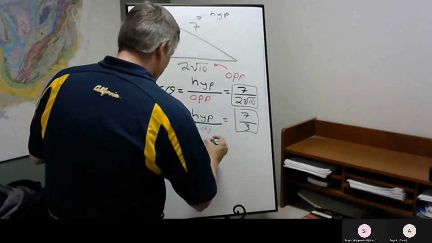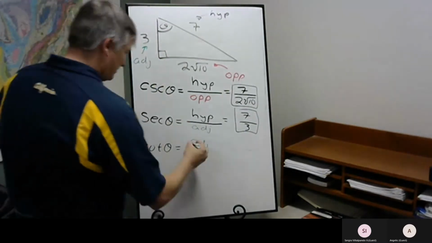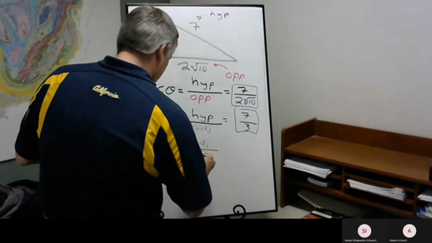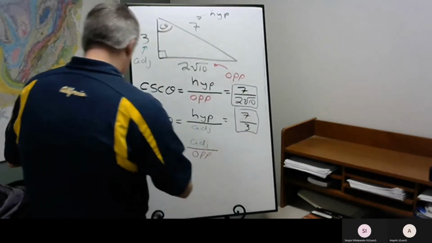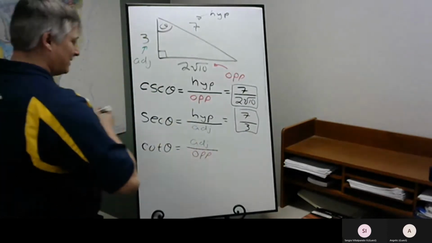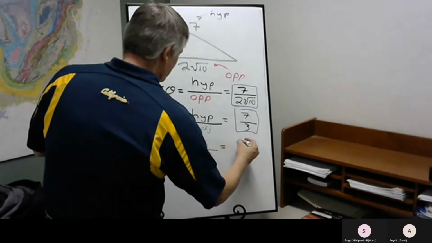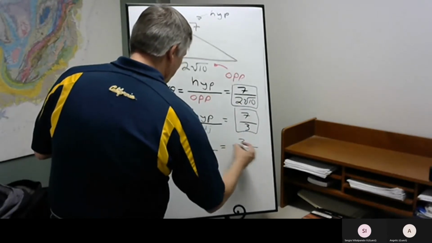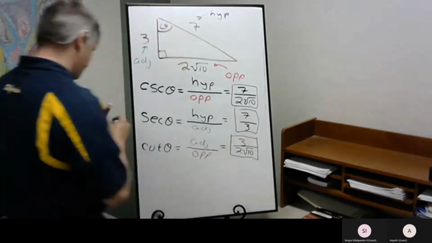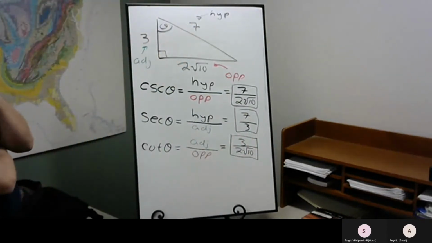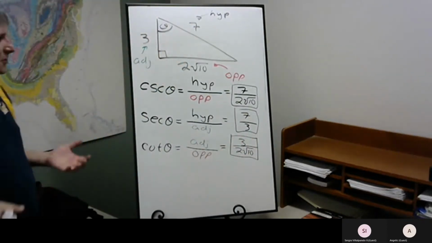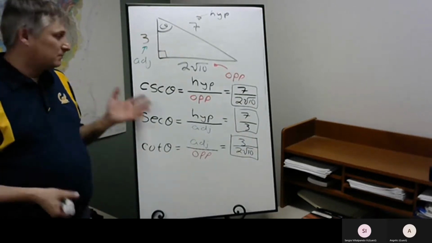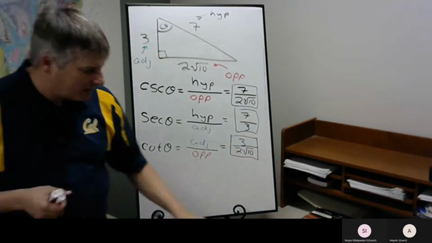That's adjacent over opposite, which is 3 over 2 root 10. So again, we just use those definitions for the trig functions, and then we can get them to just take the ratios.